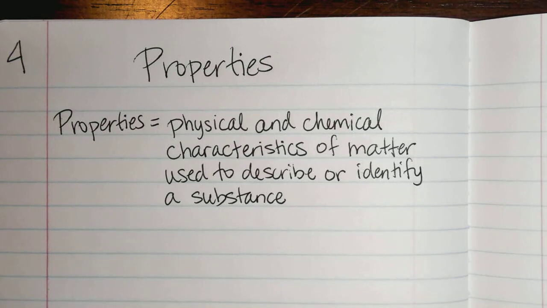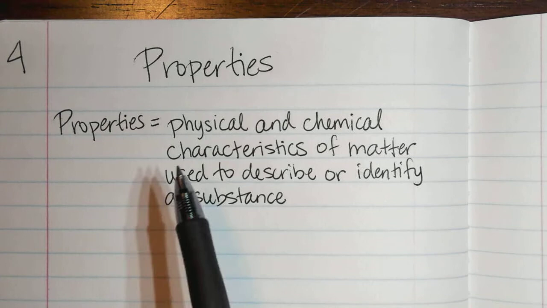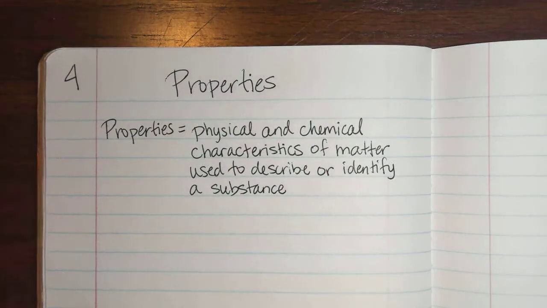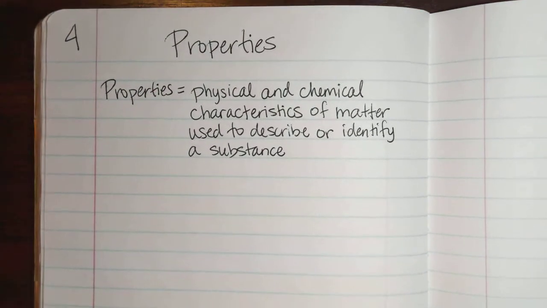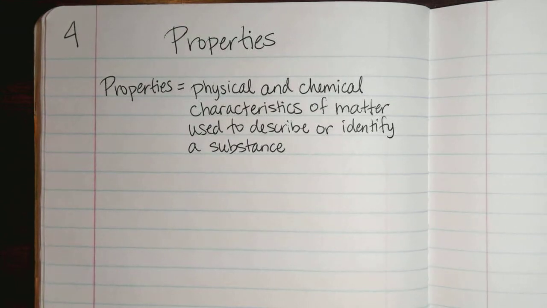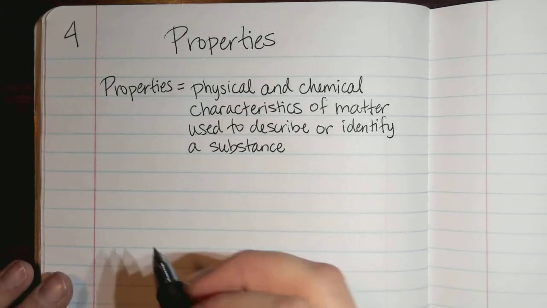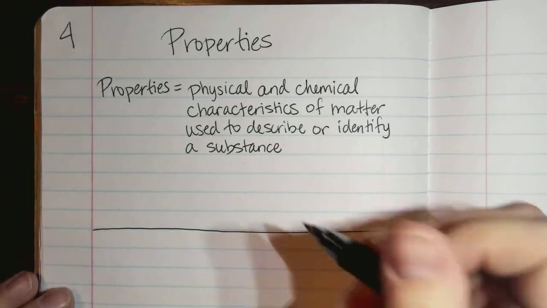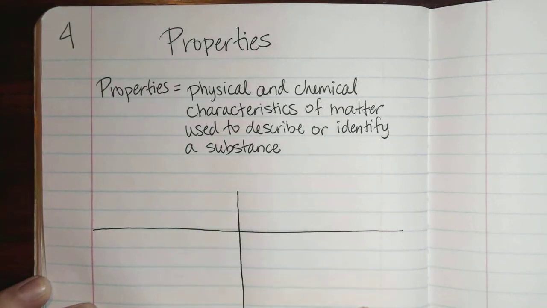So there are 2 categories of properties, and they're mentioned here, physical and chemical. So for the remainder of the page, towards the bottom, I'm going to create a T-chart. On one side, I'm going to talk about physical properties, and on the other side, we're going to talk about chemical properties. So here's my chart. I'm going to draw a line down the middle.